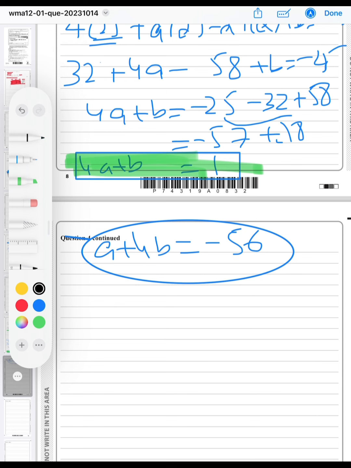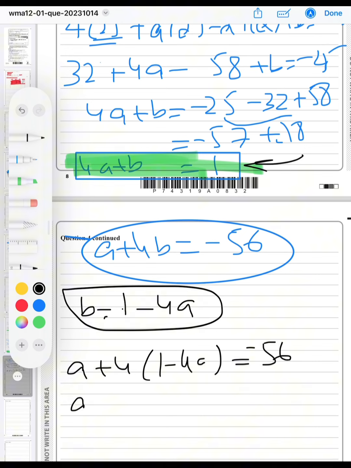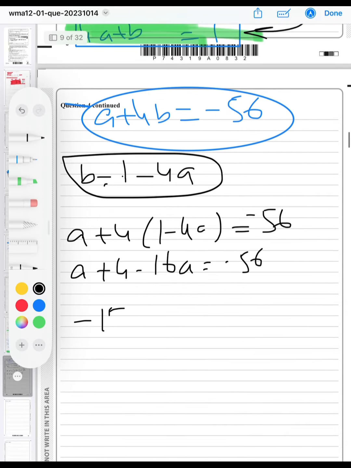So now b equals to 1 minus 4a. I just arranged this one, made the subject here. I'll put in the second one, 1 minus 4a equals to minus 56. So a plus 4 minus 16a equals to minus 56, and this will turn to minus 15a equals to minus 56 minus 4, which means 60.